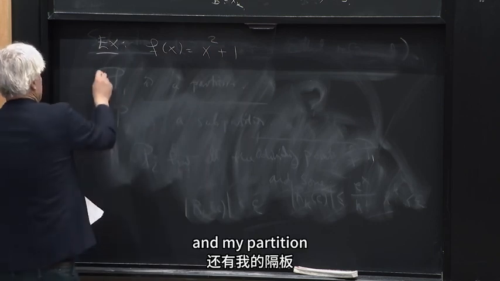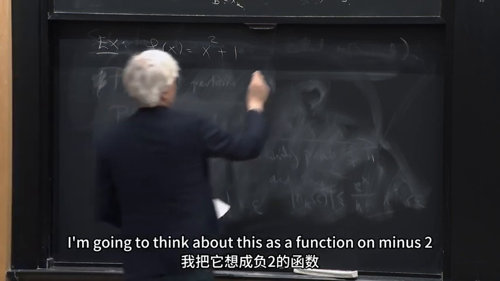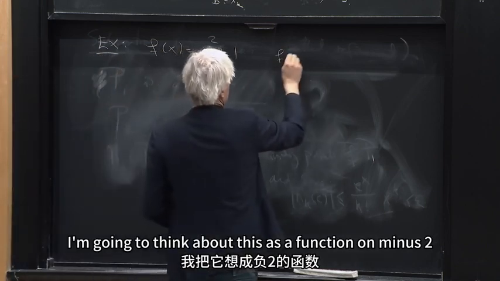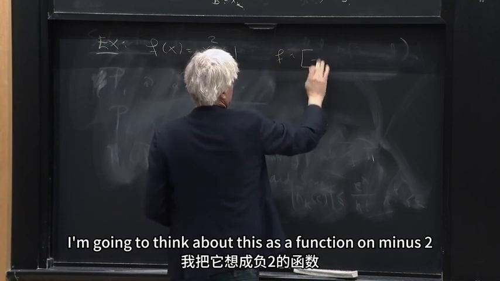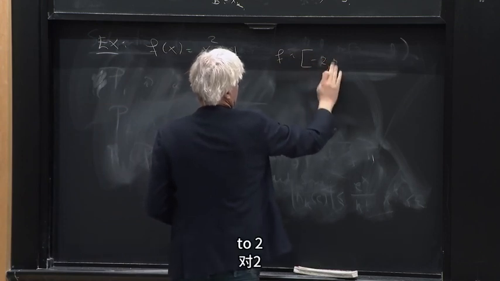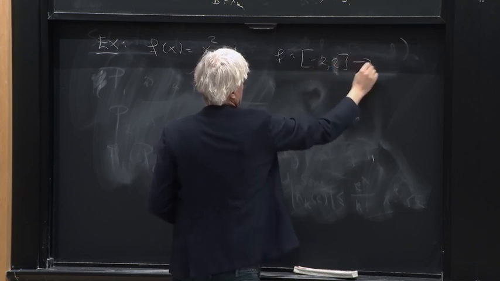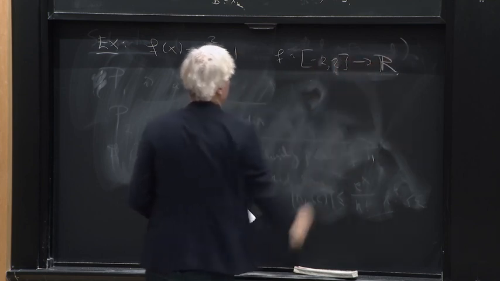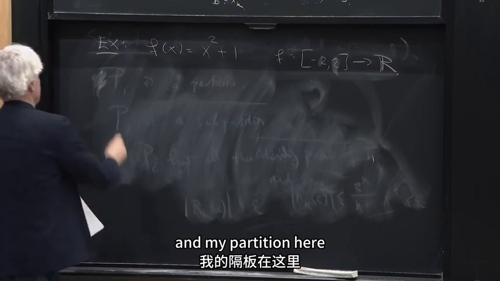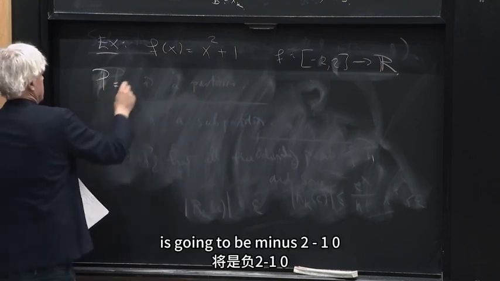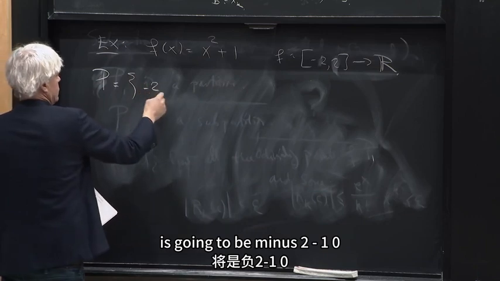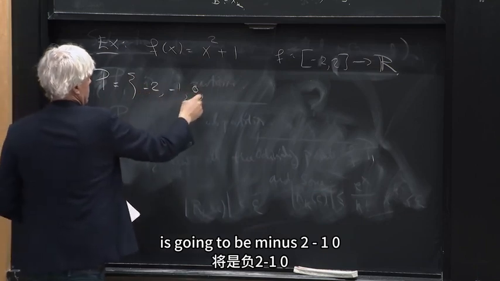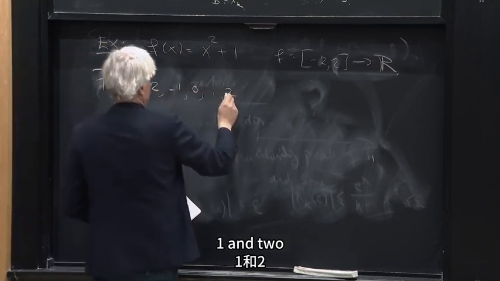And my partition and the interval here, I'm going to think about this as a function on [-2, 2] into R. And my partition here is going to be -2, -1, 0, 1, and 2.